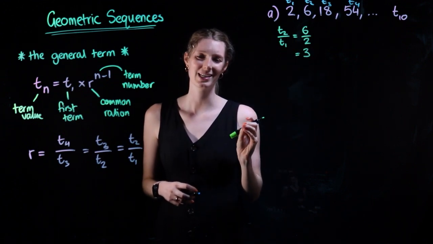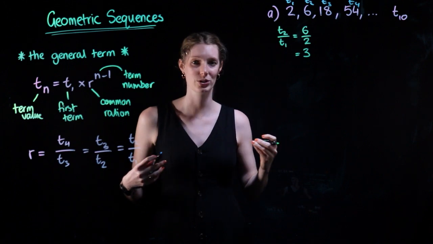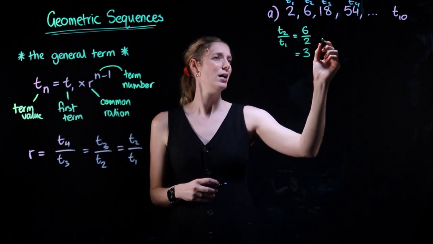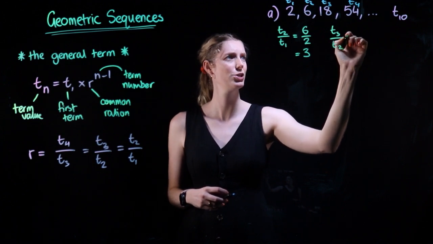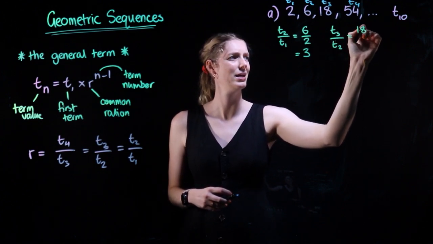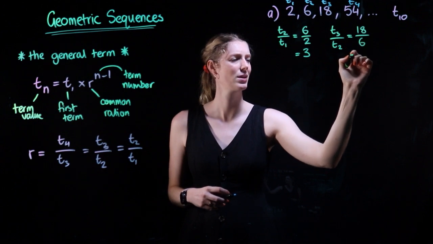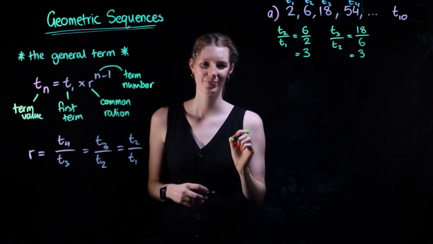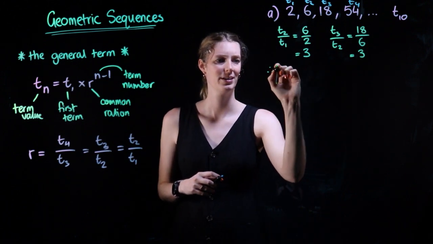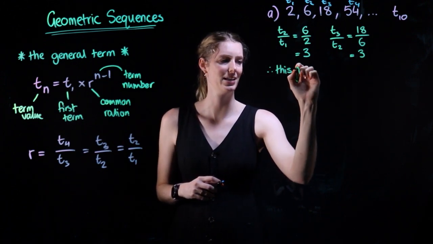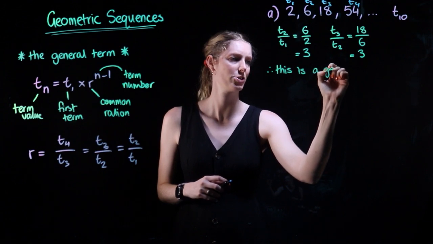Now we're going to see if there's a second pair of consecutive terms that also has this common ratio. So I'm going to take term 3 and divide it by term 2 to get 18 over 6, which is also 3. So we know that therefore this is a geometric sequence.